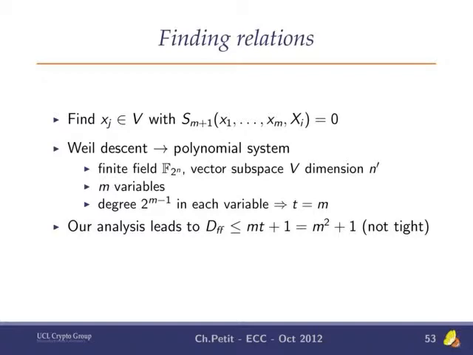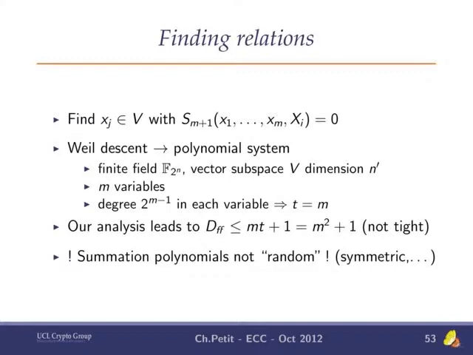In my analysis, I was assuming smaller than 2^(t-1), so I have to take t equal to m here. And our analysis then leads to DFF smaller than mt plus 1, equal to m squared plus 1. It's not tight mainly because of this here, where I bound the degree 2^(m-1) by 2^m.